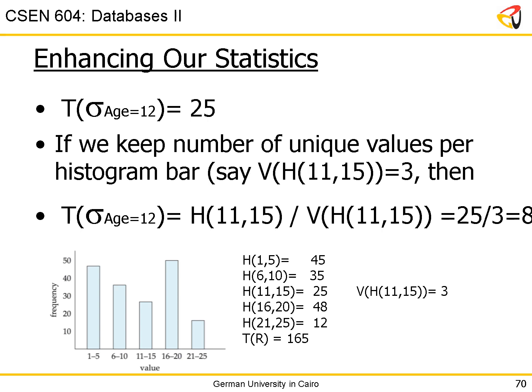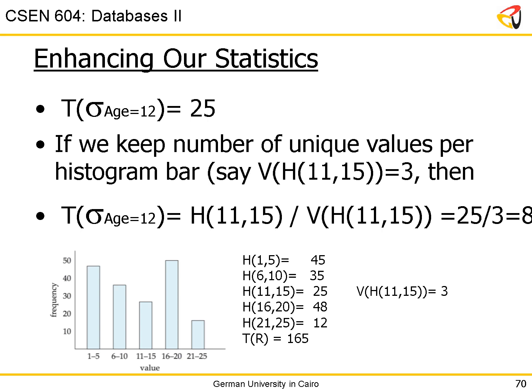If you keep the number of unique values in each histogram bar, so not the overall for the whole table, but for every histogram bar. Like if you know that there are 3 unique values between 11 and 15, you can follow the same approach we have discussed before with exact value estimation.